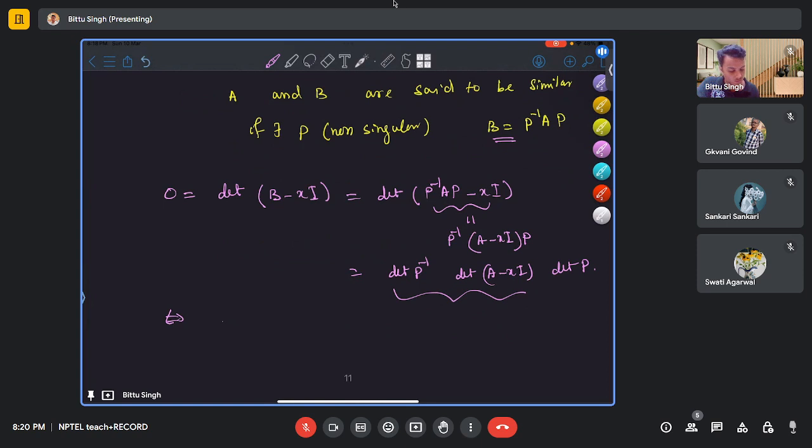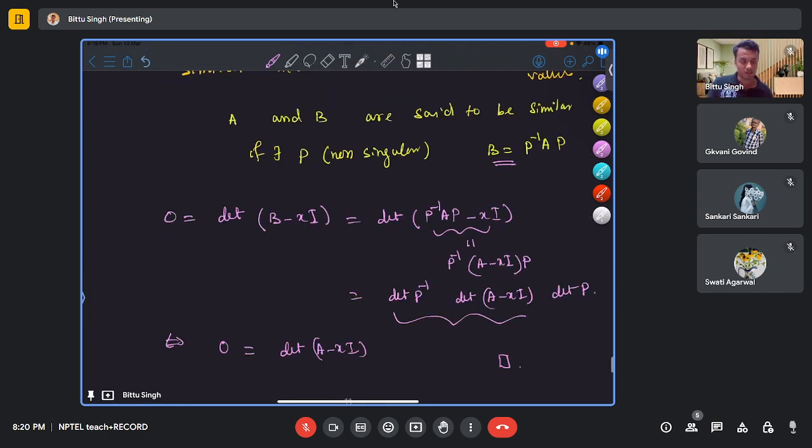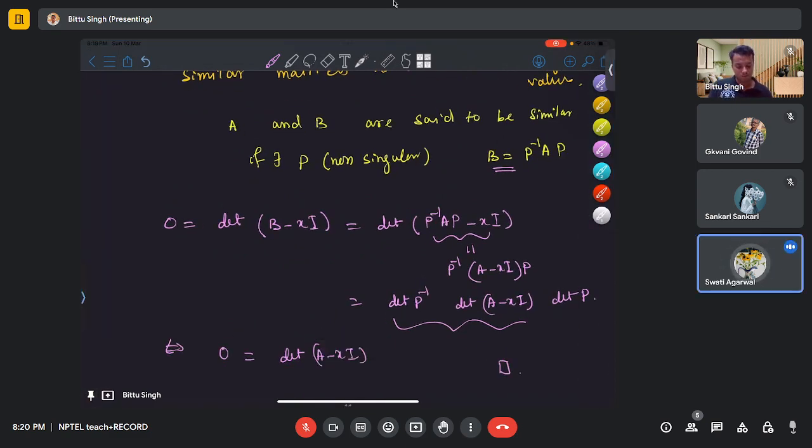So this is 0 if and only if determinant of A minus xi is 0. From here you can clearly see an eigenvalue of B will be an eigenvalue of A. So this is the proof. Is it clear?